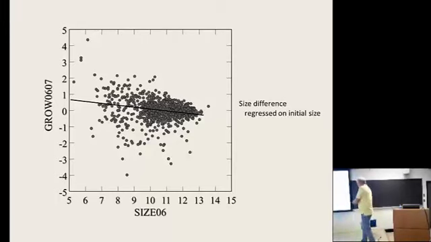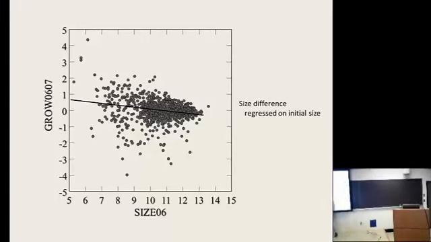First is that there's a big mush. It's a lot of variability here. There always is. And the second is that there's always a negative correlation, or negative regression, of this absolute size difference on the initial size. Big colonies don't grow as much as little colonies. That's not a very fundamental revelation.